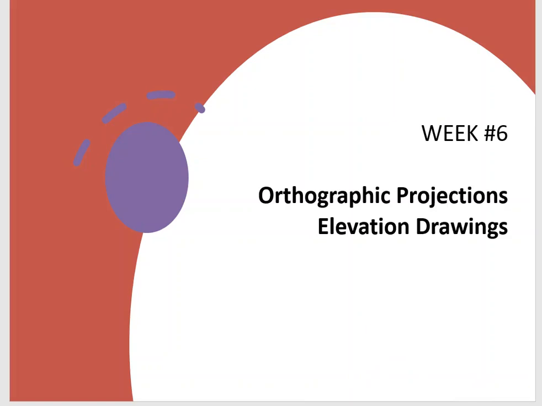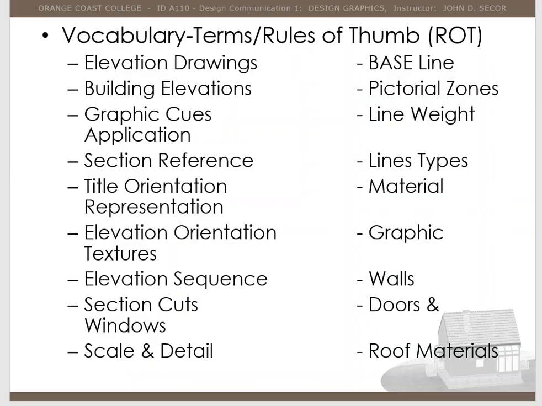So this week, orthographic projections and exterior elevations. And we want to really focus on some of these specific vocab words, things you've heard before in the past, elevation drawings, building elevations, what that looks like. And that's what we'll be diving into today.